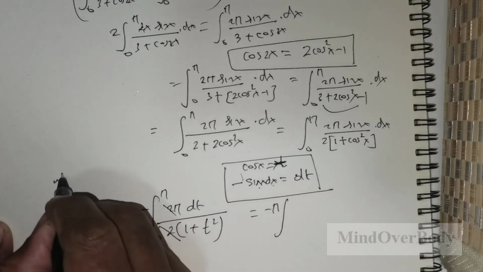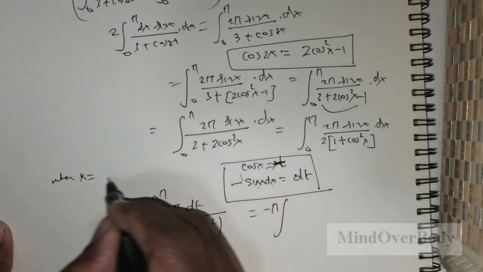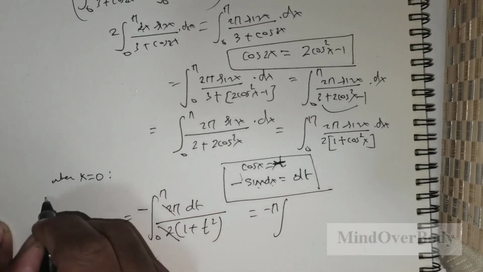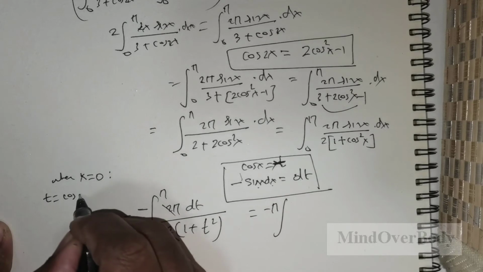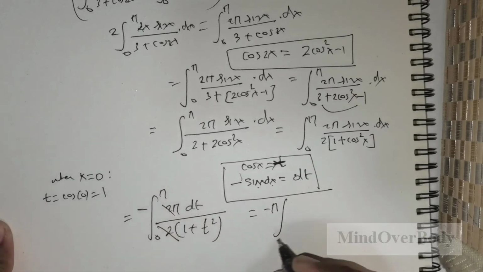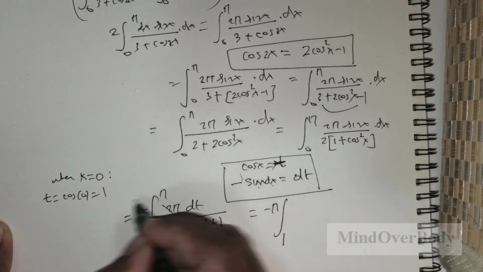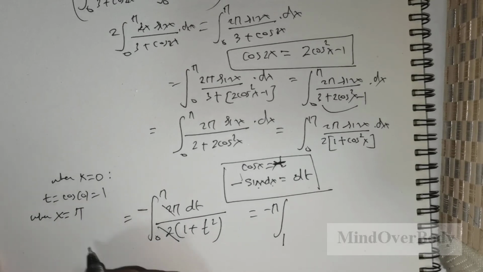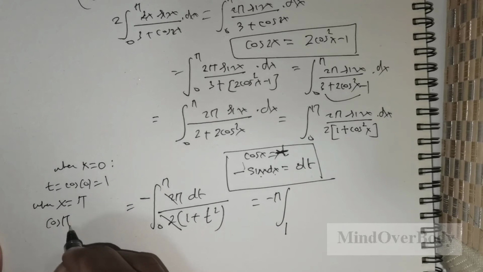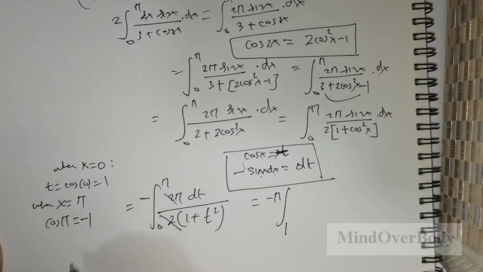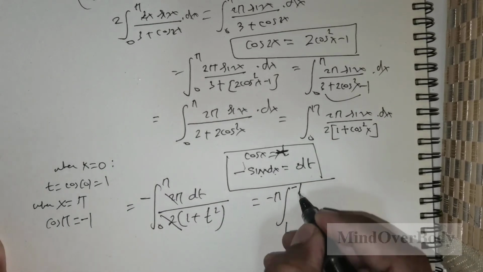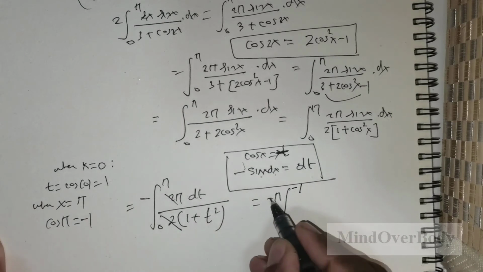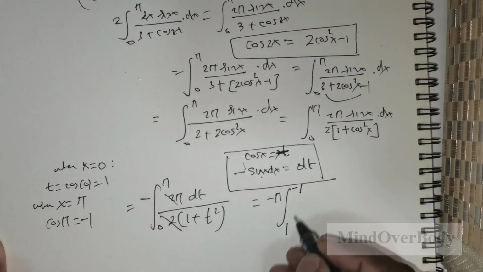Now, when x is equal to 0, what happens to t? t is equal to cos of 0, which is equal to 1. And when x is equal to pi, cos of pi is equal to negative 1. Now you have a negative sign and limits are 1 to negative 1.